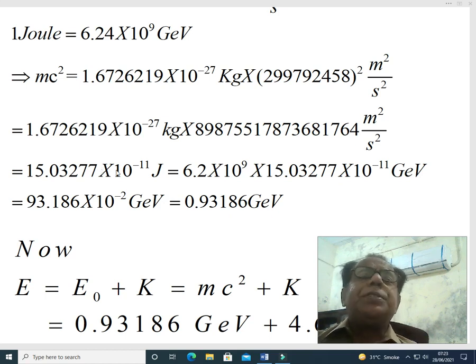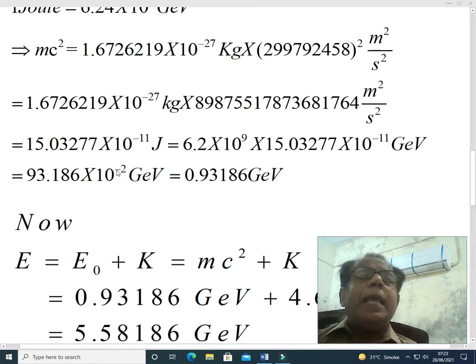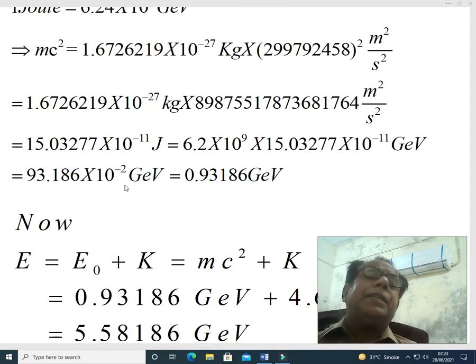So consequently we will get mc square equal to 93.186 into 10 raised to the power minus 2 giga electron volt. This alternatively becomes equal to 0.93186 giga electron volt, because when 10 raised to the power minus 2 is terminated, it results in 0.93.